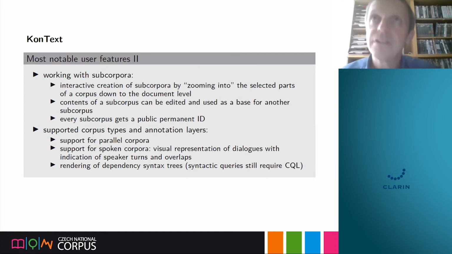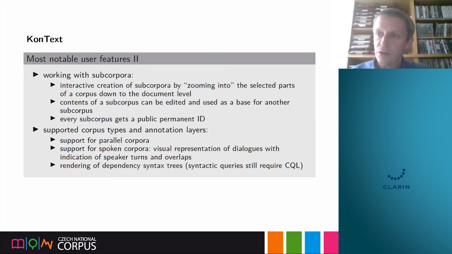Another very important point is working with subcorpora. First of all, KonText supports examination of the actual contents of a corpus, and lets you zoom into selected parts of it. It works like so.